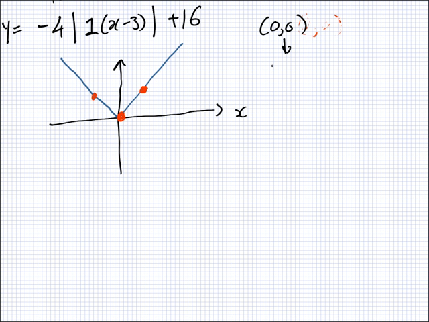First that will become 0, 0 when you do the -4. Then it will become 3, 0. And then it'll become 3, 16. So this point then moves over to 3 and 16.